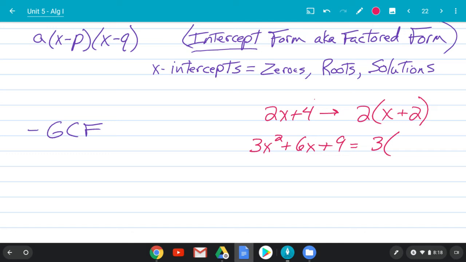Well, I'm really dividing, right? 3x squared divided by 3 is x squared. 6x divided by 3 is 2x. And 9 divided by 3 is 3. So factoring or pulling out a GCF is really just division, trying to figure out what things were multiplied to get that.